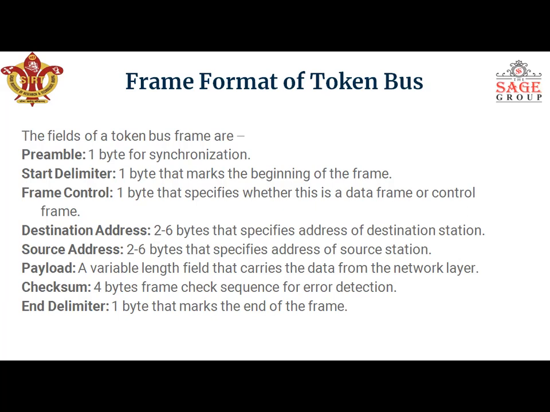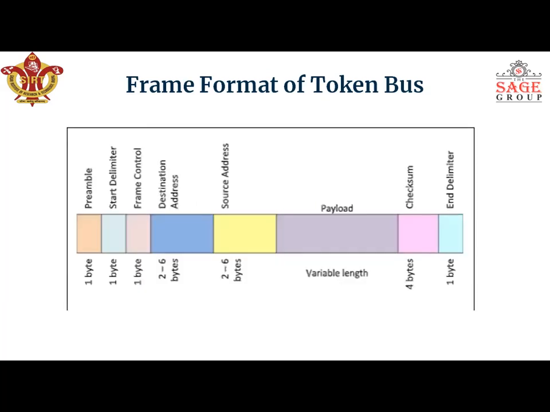Payload basically contains the data. And frame control contains the information on whether that particular frame is a data frame or a control frame. So this is basically the frame format of a token bus.